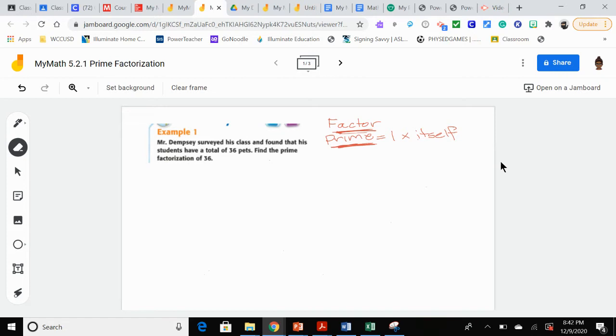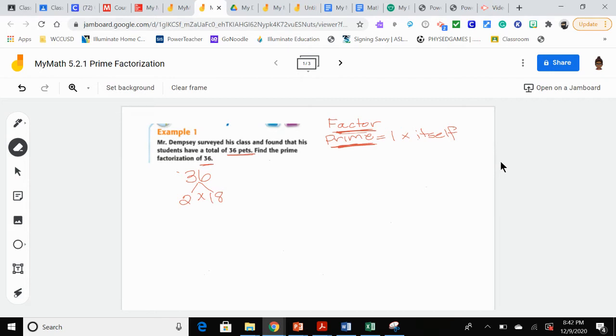All right. So Mr. Dempsey surveyed his class and found that his students have a total of 36 pets. Find the prime factorization of 36. So I'm going to start with 36. And I'm going to decompose that into 2 times 18. Okay.